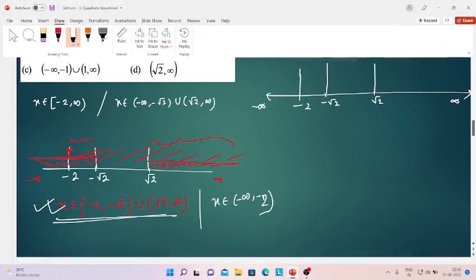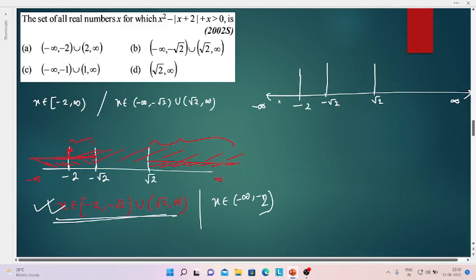So I have to take minus 2 to minus root 2, and minus 2 is closed. I am just writing this symbolically. Minus root 2 is not included, and minus 2 is included. That is why a closed interval is there. And also root 2 to infinity, so that will be like that.